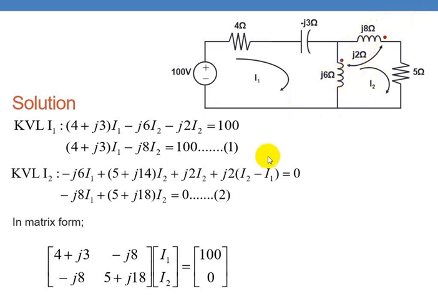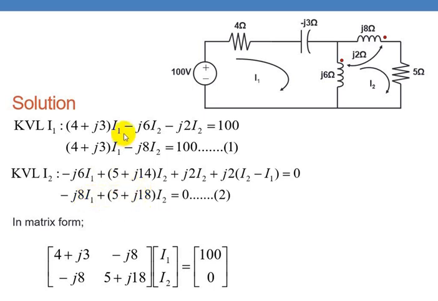So j2 into I2 minus I1. What about the polarity? Already I told you that since we are writing the equation for this mesh, you have to consider I2. I2 is leaving from this terminal, also leaving here, so write plus here. So you got two coils, you got two equations. Now write these equations in terms of I1, I2.